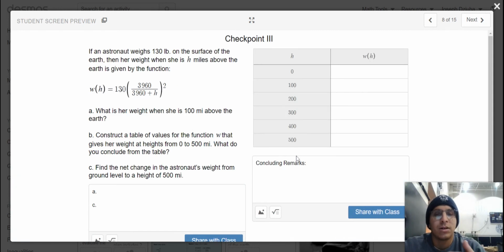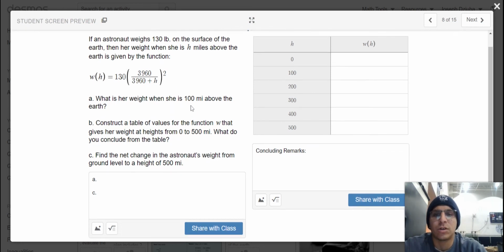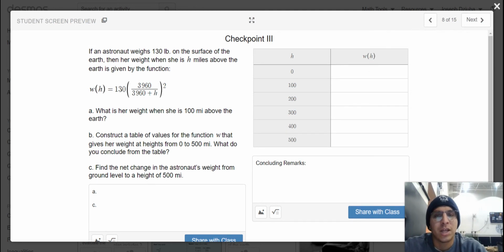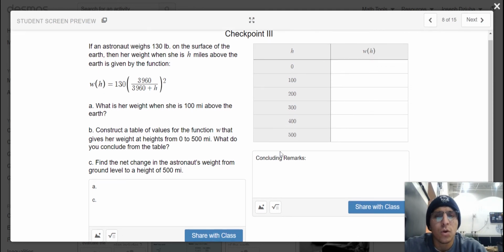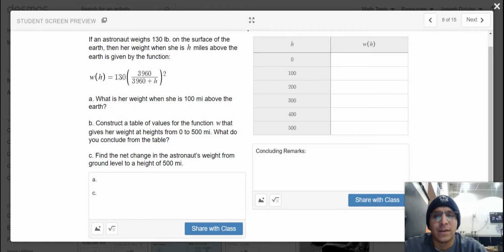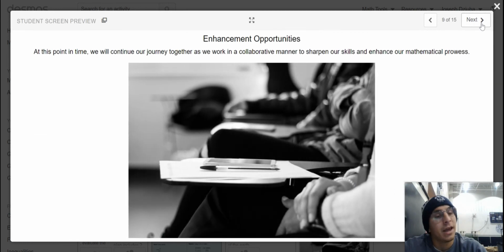And so in checkpoint 3, I ask you to do all of the above aside from producing a graphical representation, because this is a gnarly graph. But given this function for an astronaut's weight above the surface of the Earth, what is her weight when she is 100 miles above the Earth? Construct a table of values. What can you conclude from the table? And then you'll find the net change in the astronaut's weight from ground level to a height of 500 miles. And that brings us to our enhancement opportunities, where we'll pick up together in class.